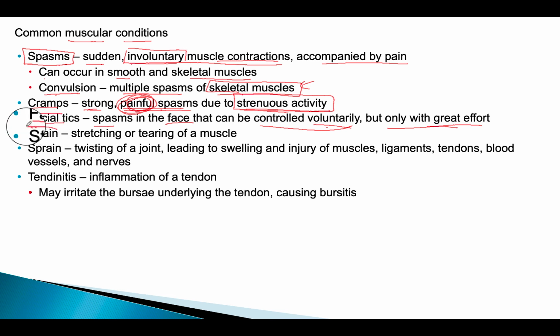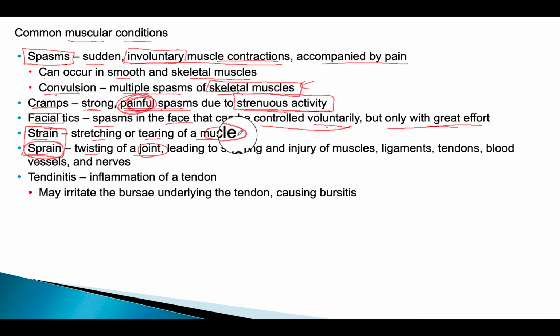Here are two terminologies that sometimes people use interchangeably, but they mean different things. Strain versus sprain. When you say strain over here, this is stretching or tearing of the muscle. Compare it to sprain, which is twisting a joint, right? So let's say when you twist your ankle, for example, right, that is going to be a sprain, not a strain.